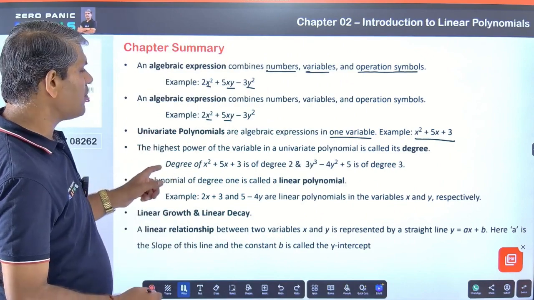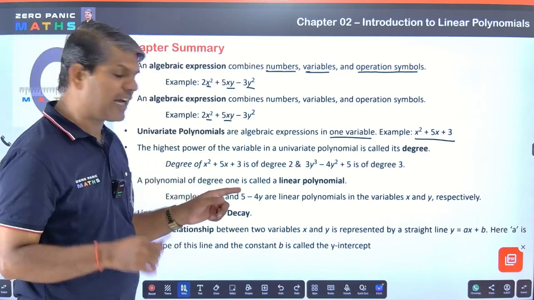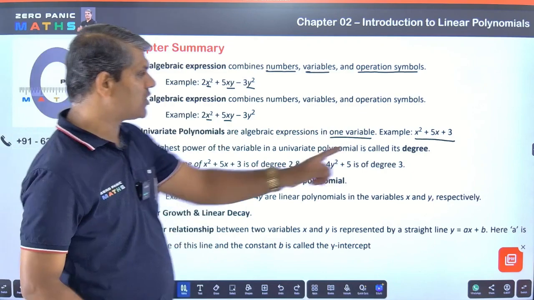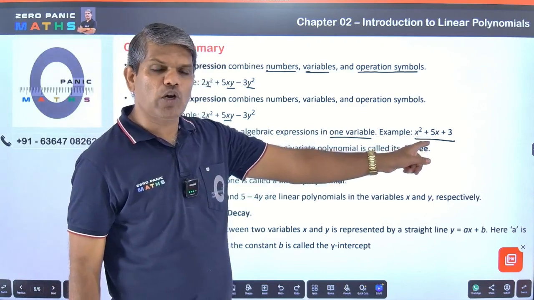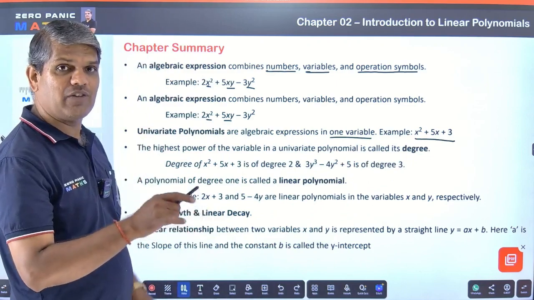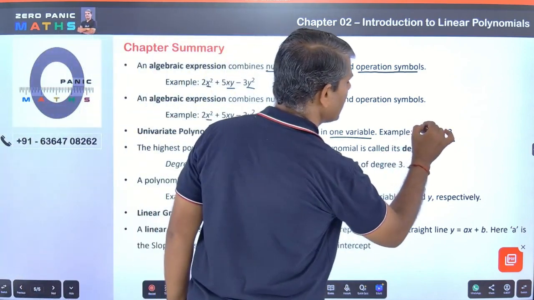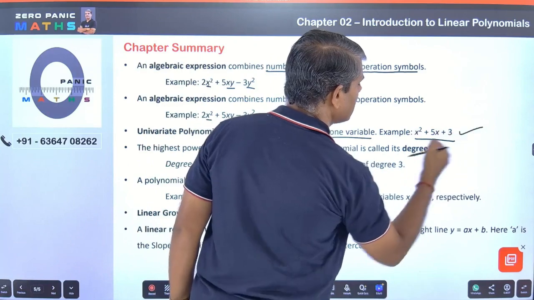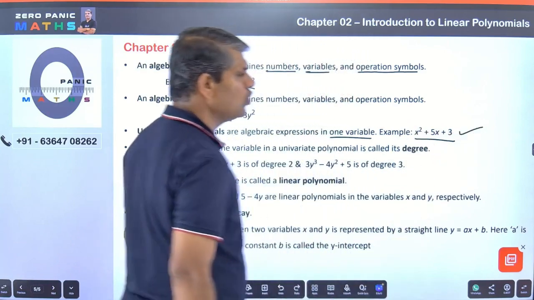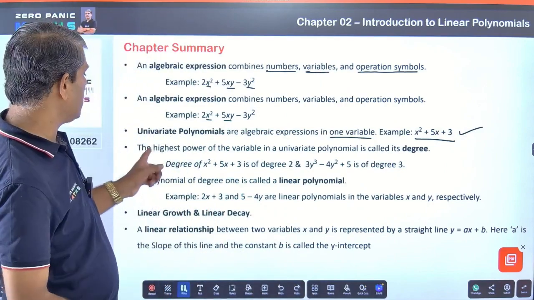Now next comes the degree of the polynomial. You remember that, right? Specifically in a univariate polynomial, the highest power of that variable in which that equation is defined is called the degree. So in this equation the degree of the polynomial is 2 because the x variable has the highest power as 2. That is the definition.